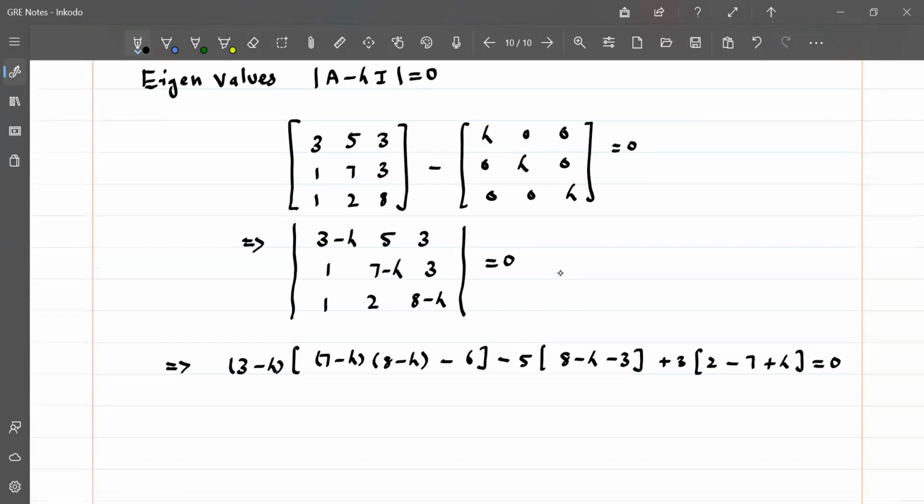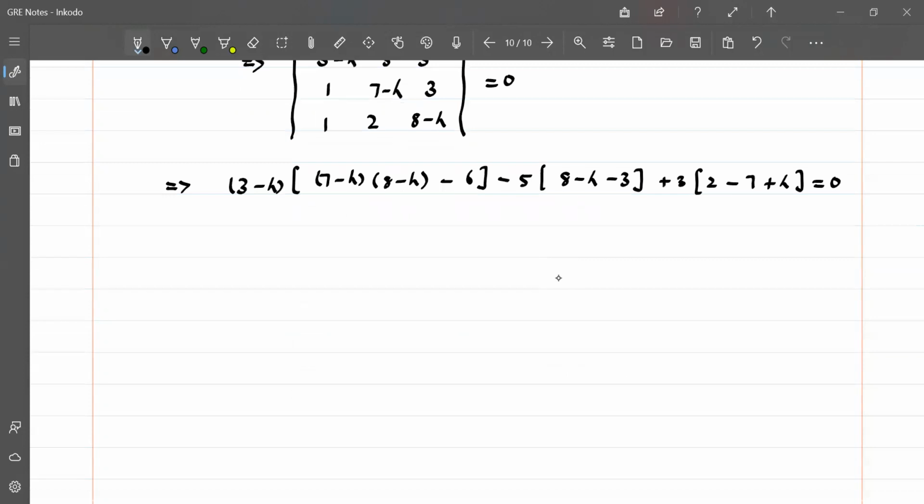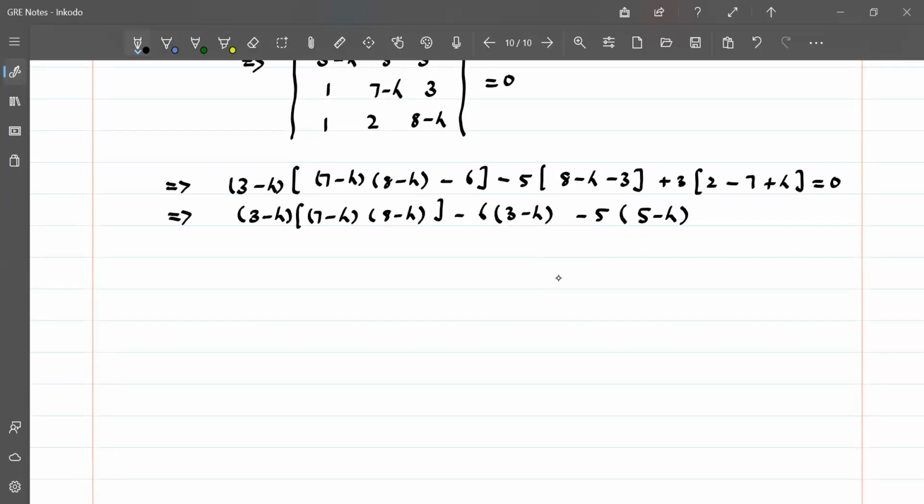Now we just solve this polynomial equation. We have 3 minus lambda into 7 minus lambda into 8 minus lambda, bracket close, minus 6 into 3 minus lambda. Then I have minus 5 into 8 minus 3, which is 5 minus lambda, plus 3 into 2 minus 7, which is lambda minus 5, equal to 0.